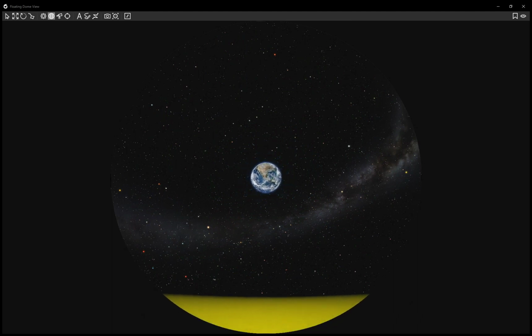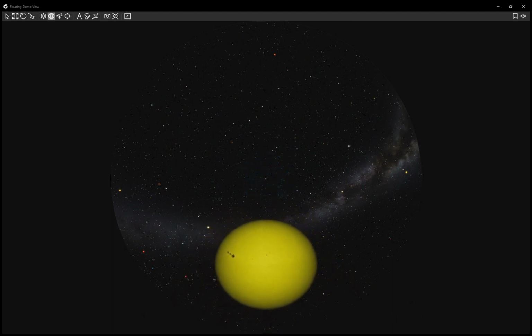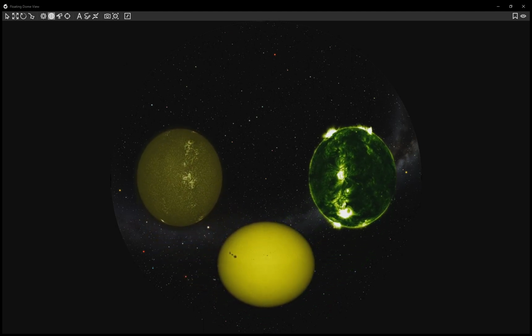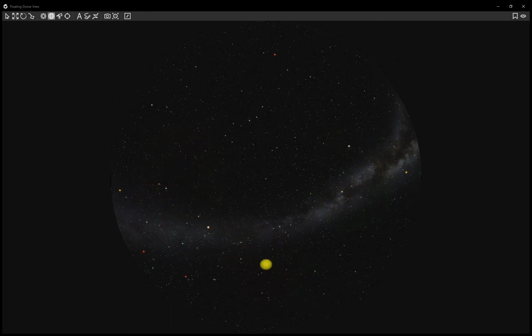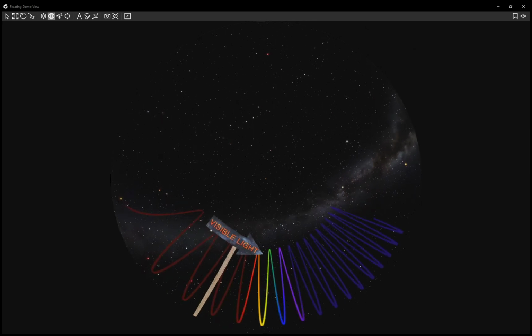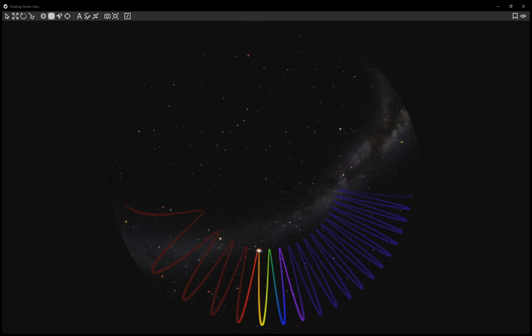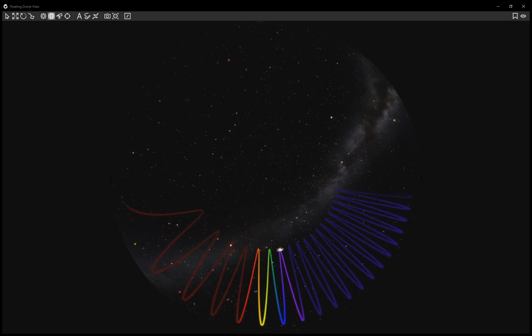Most of that energy is light. From low-frequency radio waves to high-energy gamma rays, light is much more than what we see. Visible light is one small part of the electromagnetic spectrum. Photons, which are the particles that make up light, travel in waves.